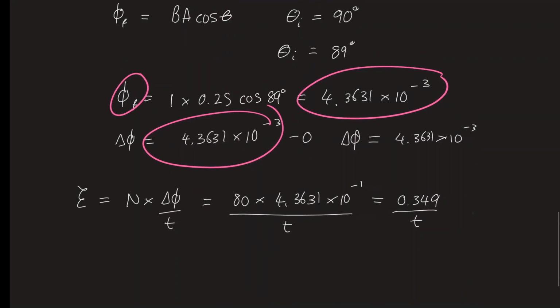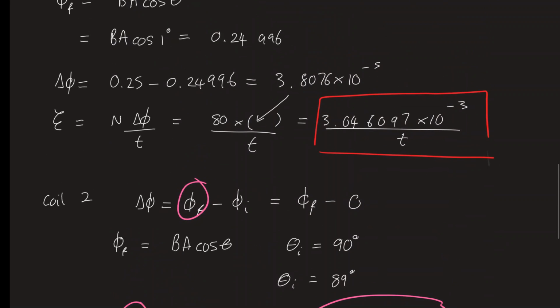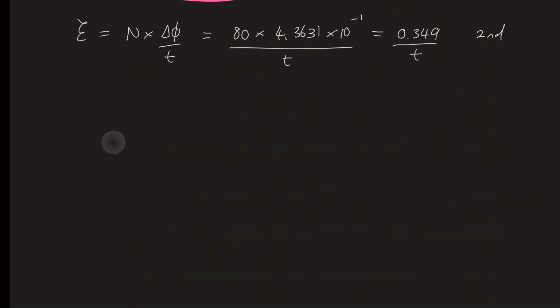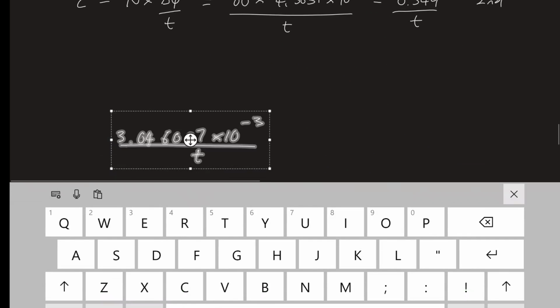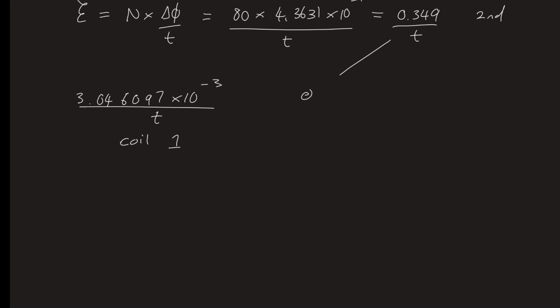So now we can compare these two values to each other, right? This is the second case, and then the first case is up here, this one. So let's put those two values next to each other, side by side. That's for coil 1, then coil 2, right next to each other. And that's coil 2.